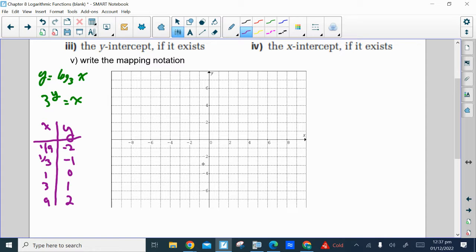So 1/9, comma, negative 2. 1/3, comma, negative 1. 1, comma, 0. 3, comma, 1, and 9, comma, 2.